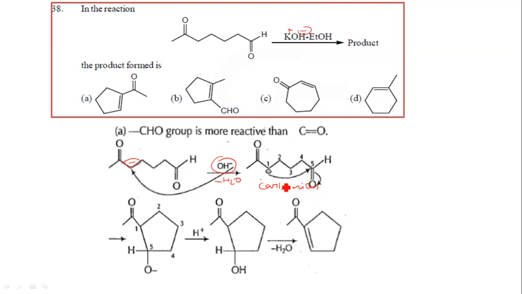This carbanion, here you see 1, 2, 3, 4, 5. Now a cyclization occurs. Cyclization, you will get a 5-membered ring.